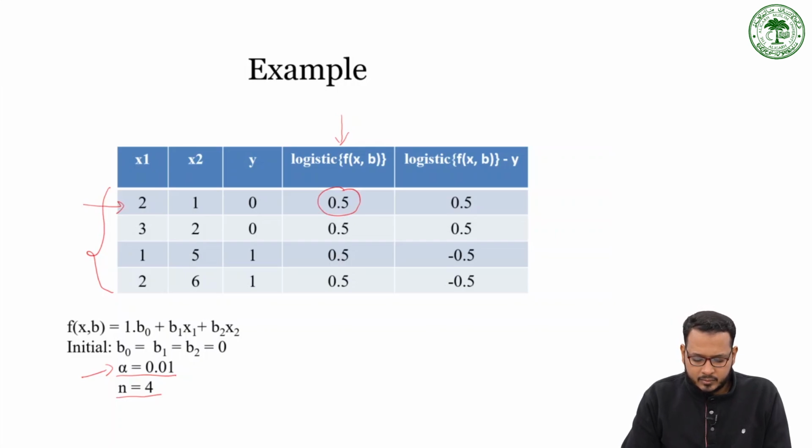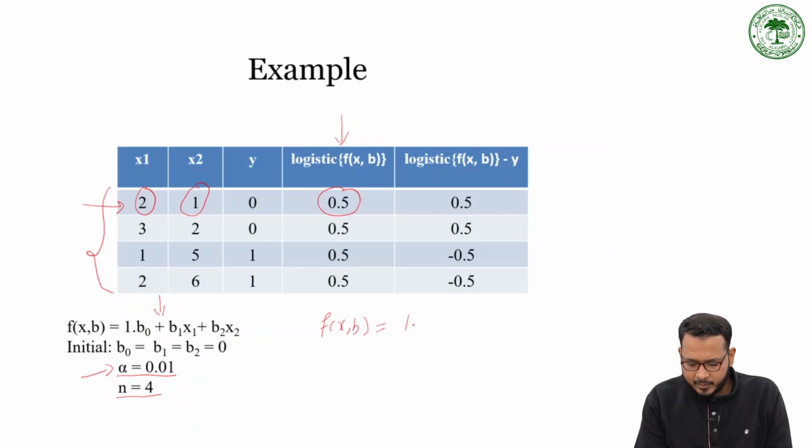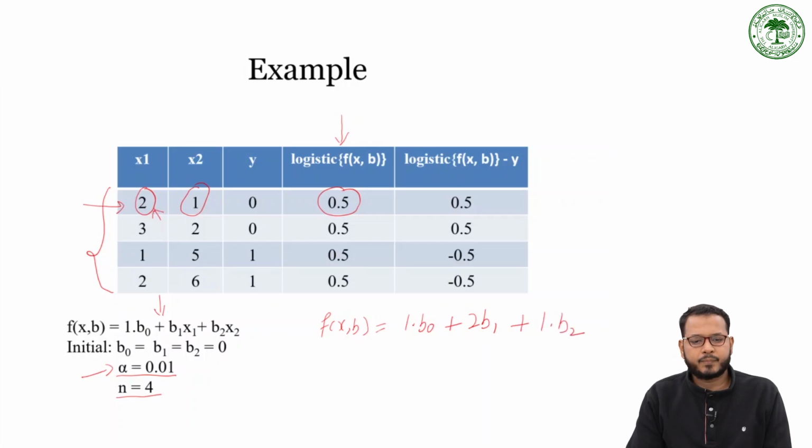How did it come out? If we put x1 as 2 and x2 as 1 in our expression, then f(x, b) will become 1 times b0 plus 2 times b1, because x1 is 2, plus 1 times b2.